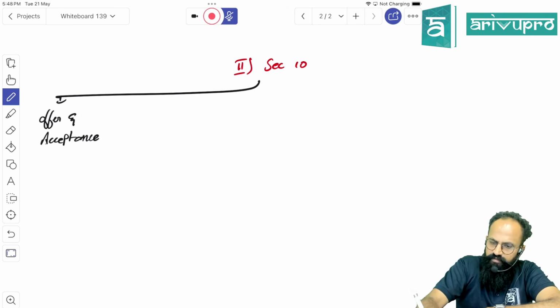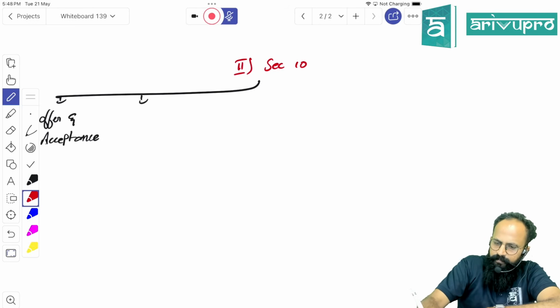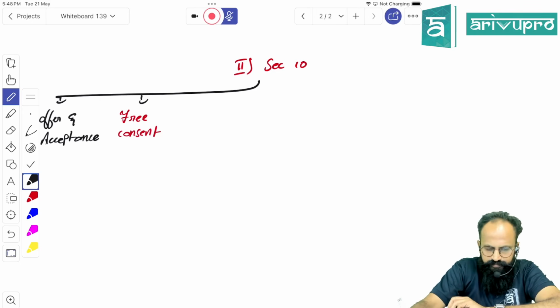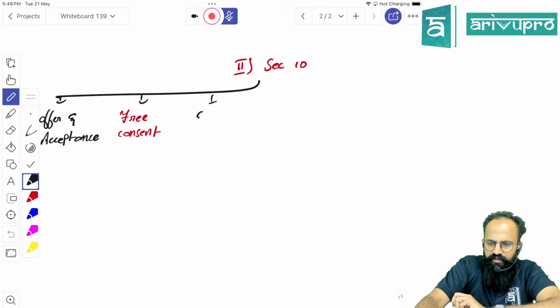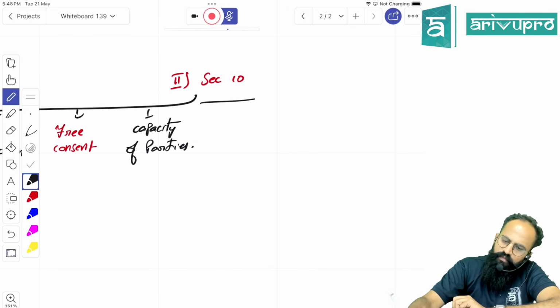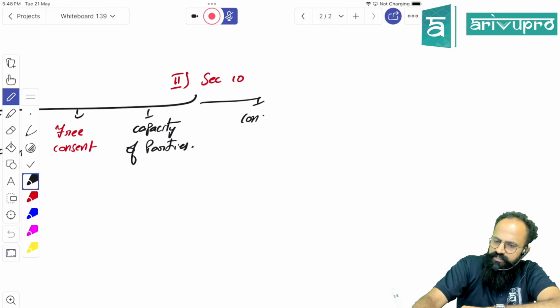Next one is free consent. Third one, capacity of the parties. Fourth one, consideration.